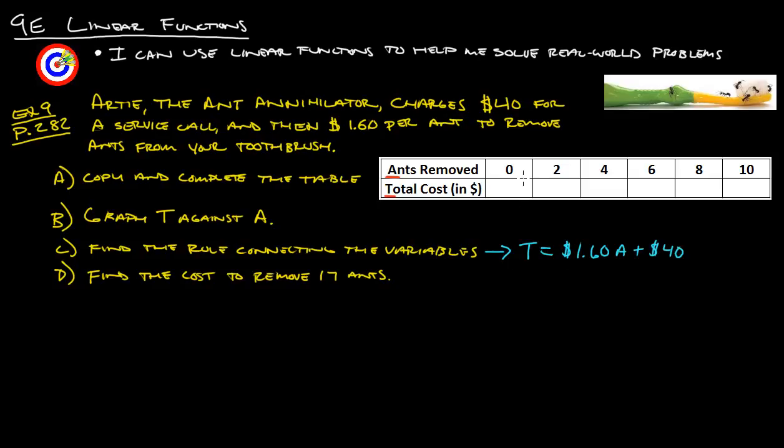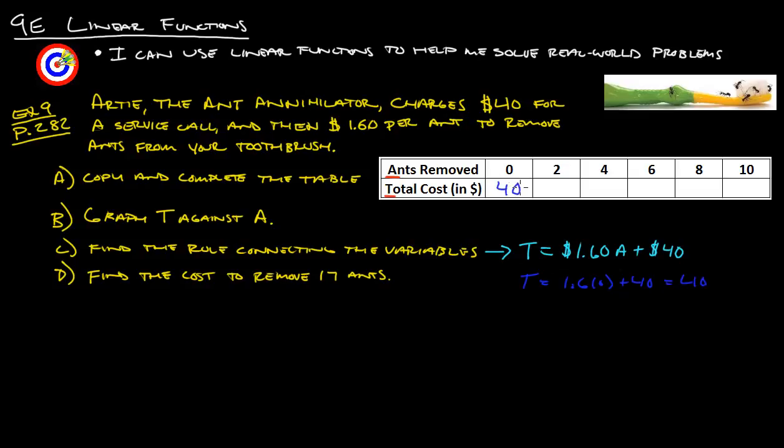Okay, once we have that rule, then this table here becomes much easier to fill in. So if we're going to figure out how much money it costs if he removes no ants, we just plug in 0 for A, right? So the total cost is going to equal 1.6 times 0 plus 40, which is going to give us $40.